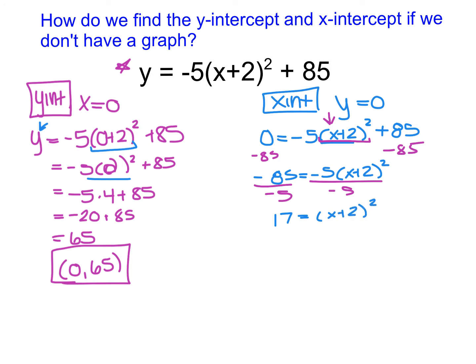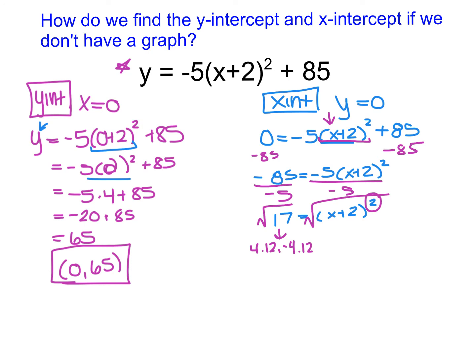Now from here, because I have the piece that is squared by itself, I can undo that with a square root. So if I square root 17, I know that the possibilities for square root of 17 are 4.12, and then because I need to find what squared gives me 17, I know that negative 4.12 when squared could also give me 17.